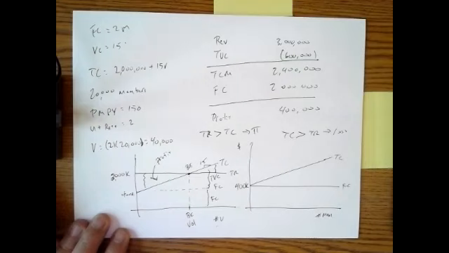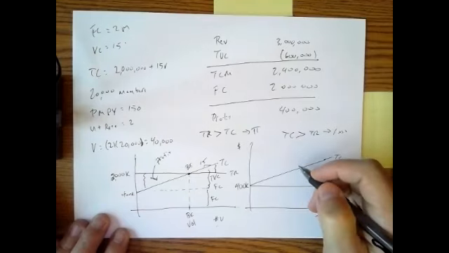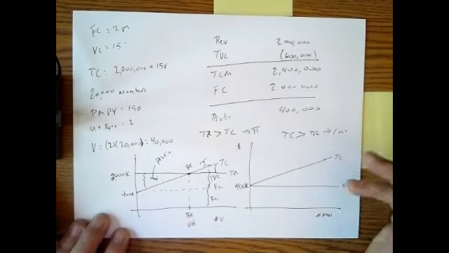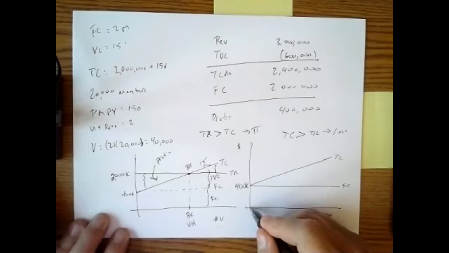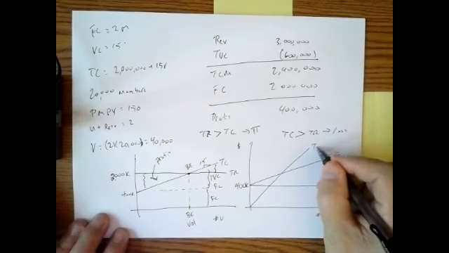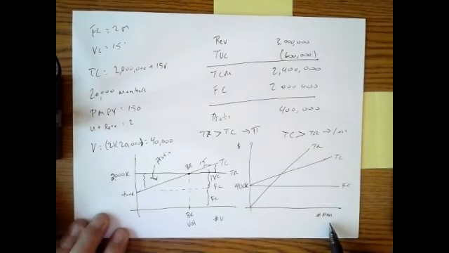So if we have 10,000 members, we get 1.5 million in revenues. And if we have, as is predicted, 20,000 members, then we get 3 million in revenues. So in this case, total revenue goes up because it is a function of the number of members.